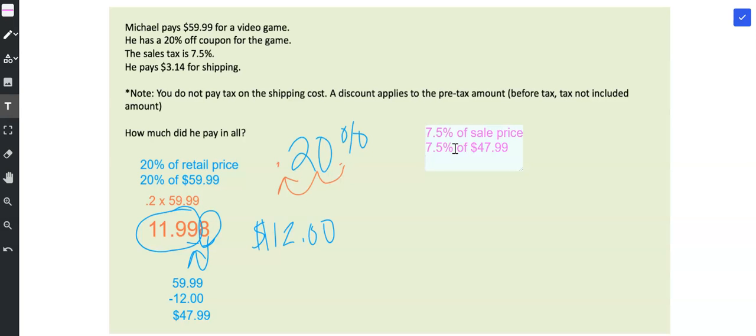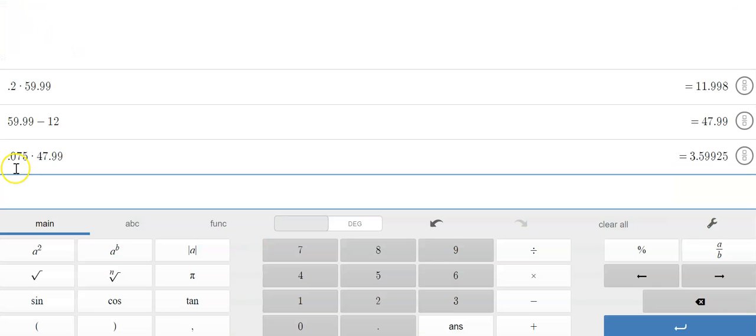And then 7.5% as a decimal, let's see what that looks like. 7.5, you move the decimal 2 times to the left, and we get 0.075. So 0.075 multiplied by the $47.99. And that will be the tax.